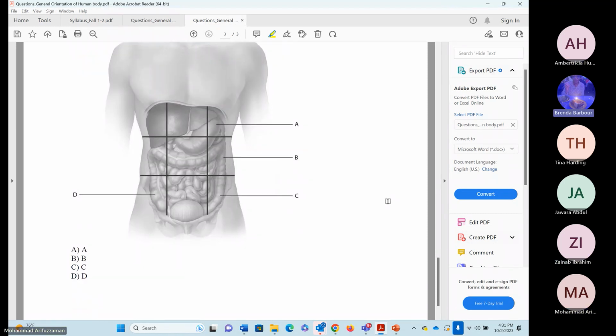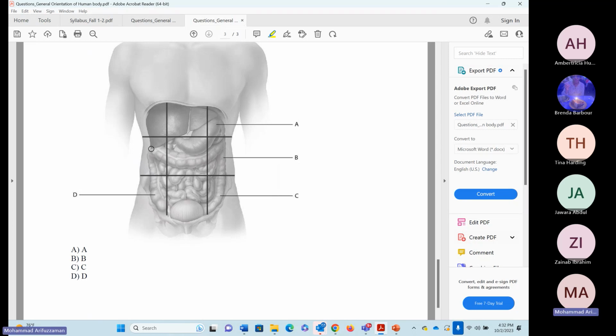It'll be C or D. You can see the umbilicus. Superior to the umbilicus is the epigastric region, and this is the hypogastric. These are the lumbar. Now the question is C or D. These are the iliac.